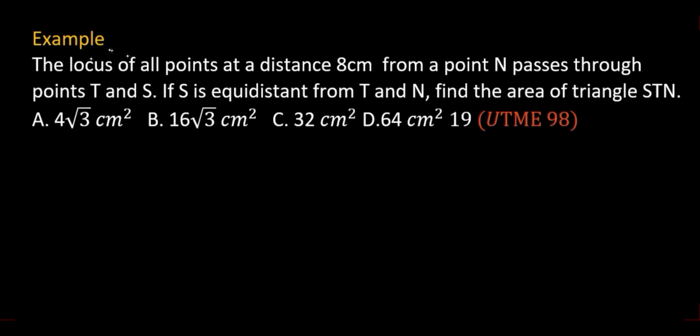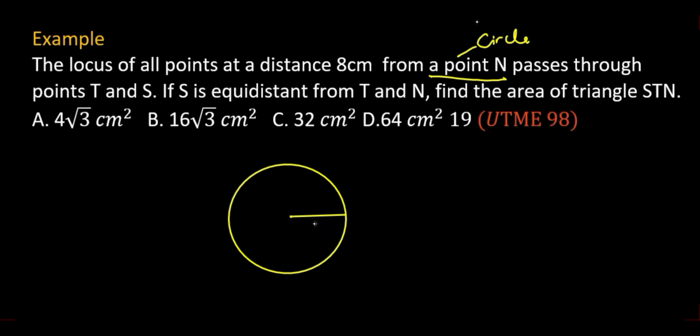Okay, example. The locus of all points at a distance 8 cm from a point N passes through points T and S. If S is equidistant from T and N, find the area of triangle STN. When they say locus from a point, we should know that it's a circle, from our previous lecture. So we draw our circle of radius 8 centimeters.